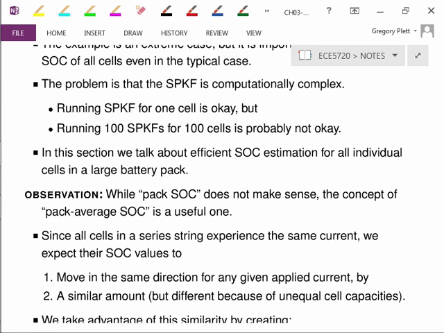And we make an observation that trying to define a quantity that we call pack SOC doesn't make sense.